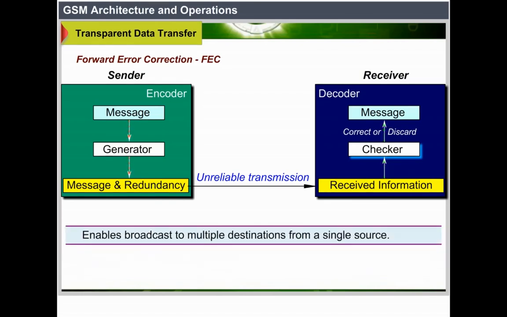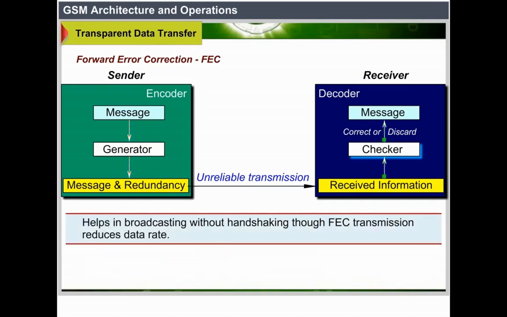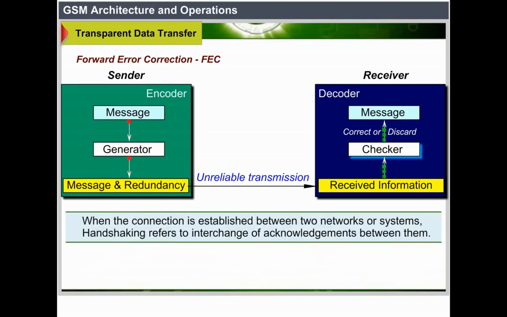It enables broadcast to multiple destinations from a single source. It helps in broadcasting without handshaking through FEC transmission, but reduces the data rate. Handshaking refers to interchange of acknowledgements between two networks or systems once the connection is established between them.